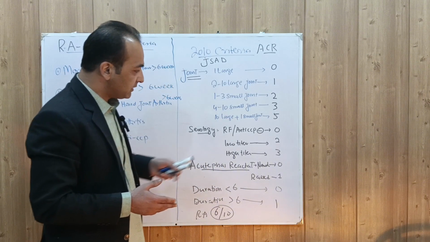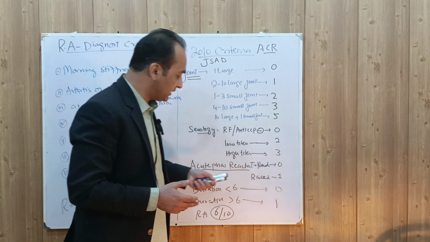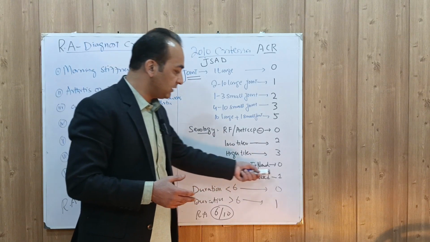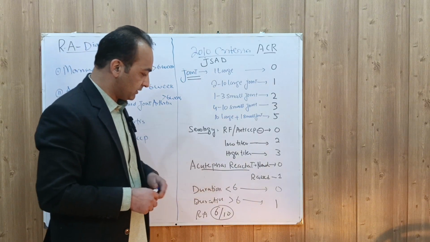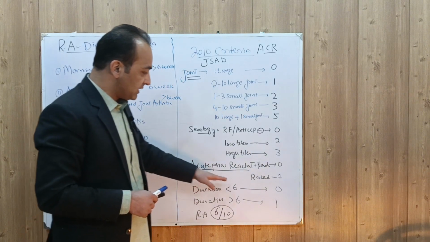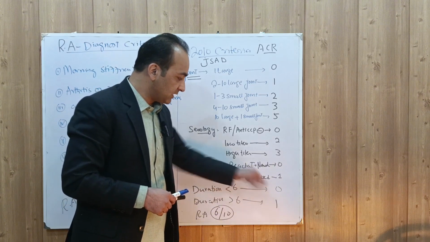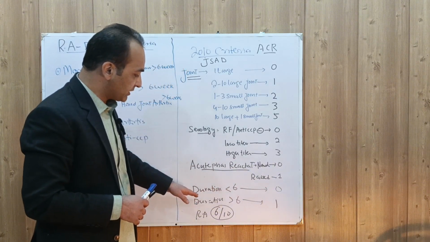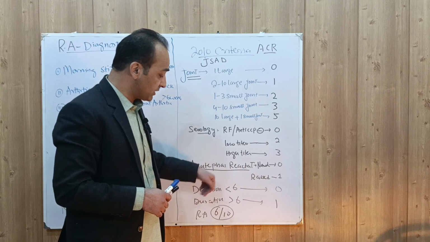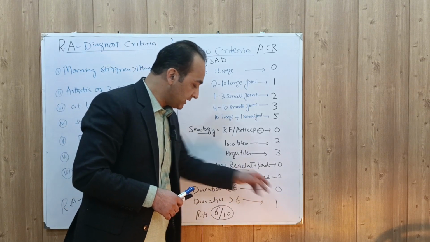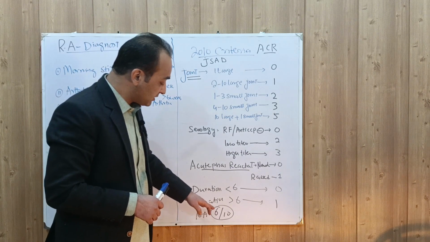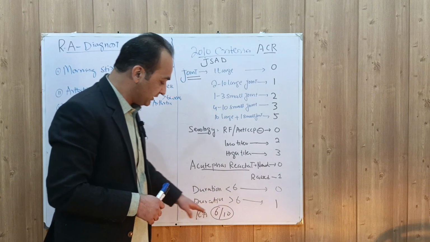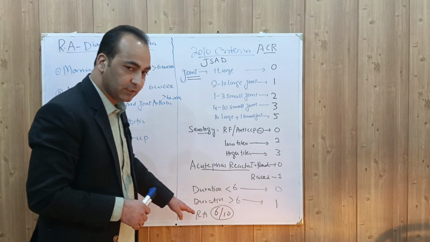If this is normal, it has 0 points. And if this is raised, it has 1 point. And the last component is the duration. If the duration is less than 6 weeks, it has 0 points. And if the duration is more than 6 weeks, it has 1 point. So if there are 6 out of 10, it makes the diagnosis of rheumatoid arthritis.